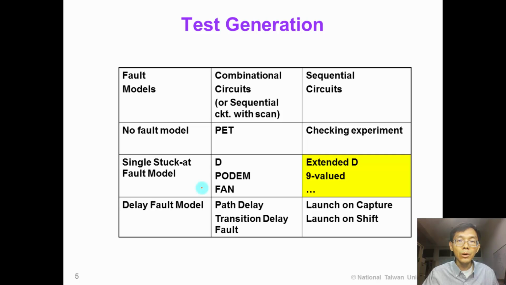Here is a table for our test generation. We already know how to generate tests for combinational circuits using the D algorithm or the PODEM algorithm. Now we will learn how to generate tests for sequential circuits. In this chapter, we will focus on the single SeqAT fault model only.